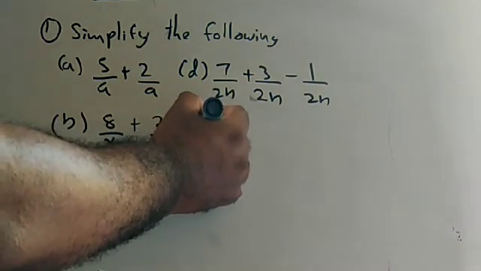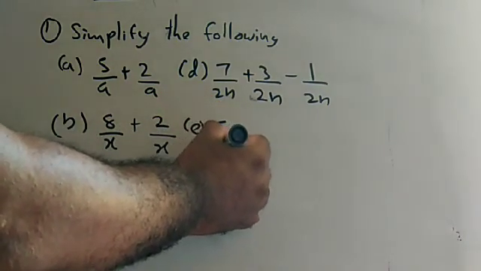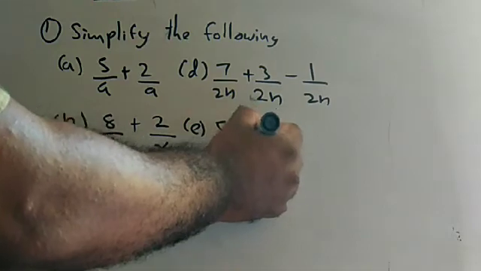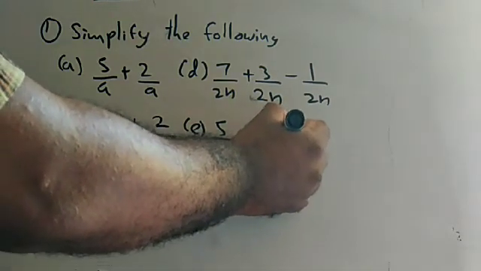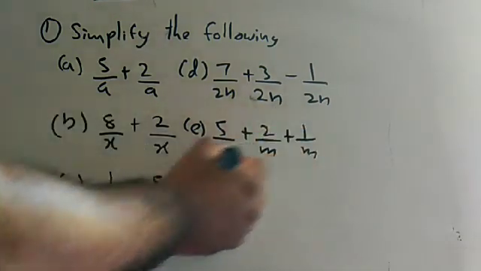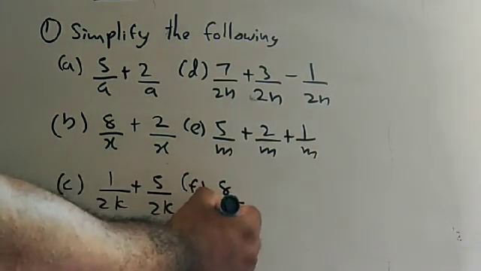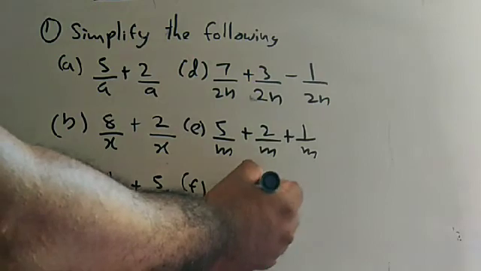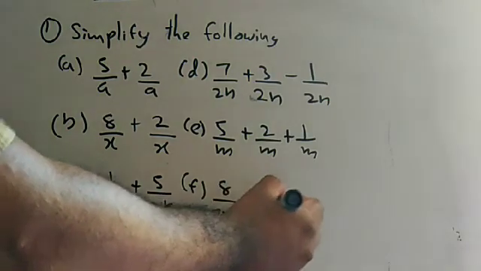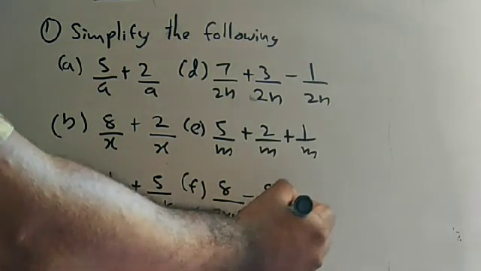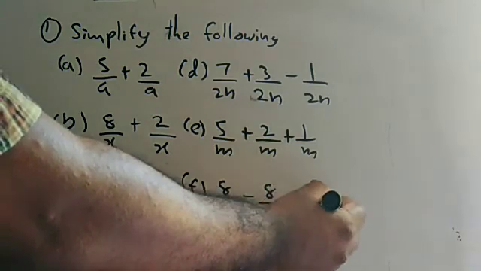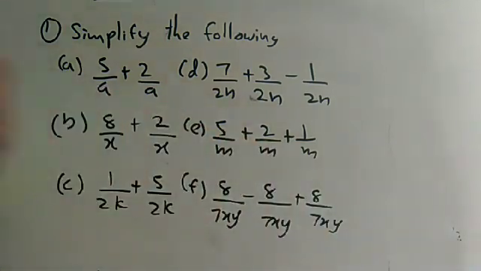E. 5 upon m plus 2 upon m plus 1 upon m. F. 8 upon 7xy minus 8 upon 7xy plus 8 upon 7xy. Right, copy down this.